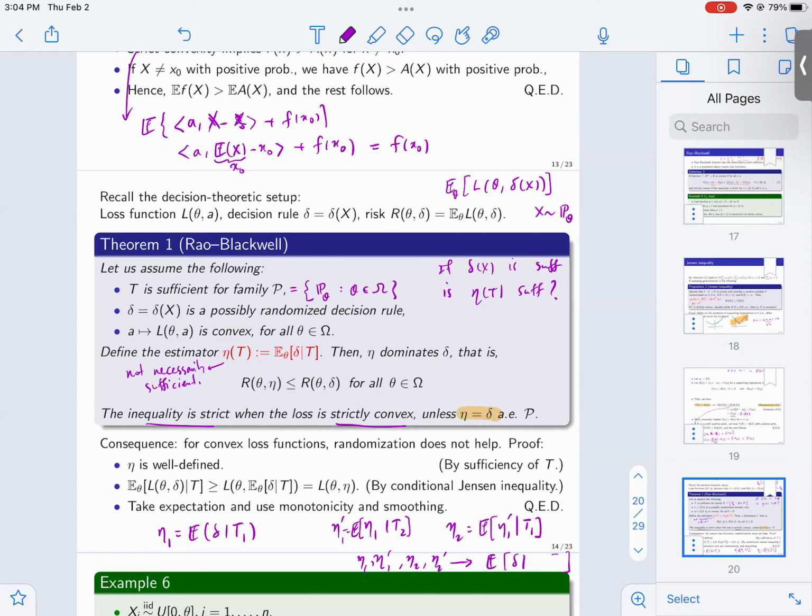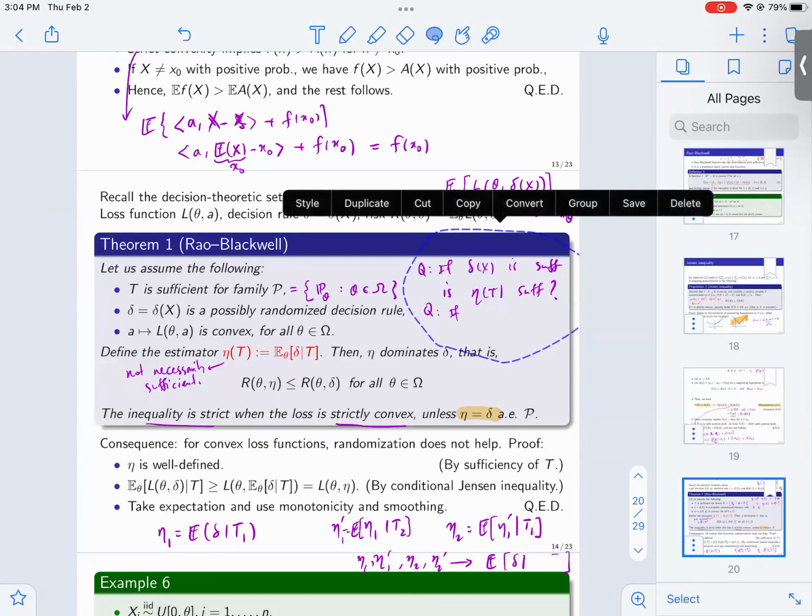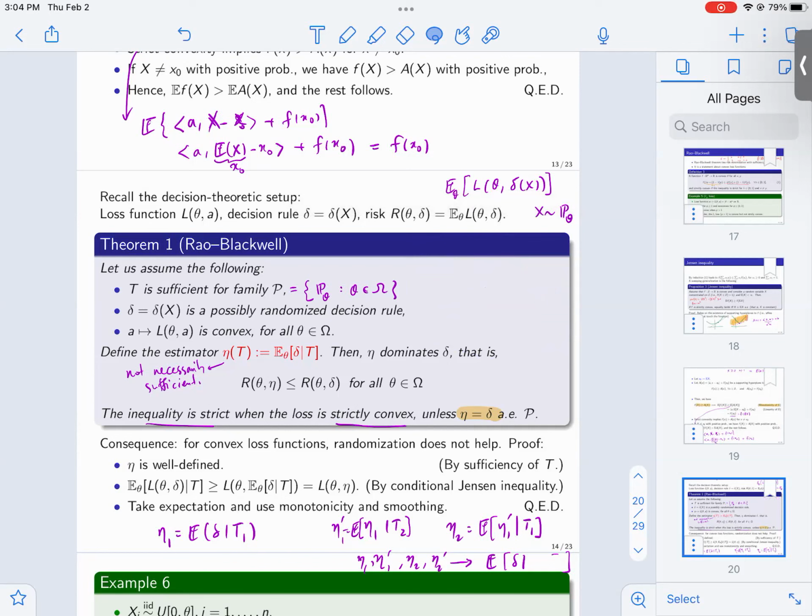Is it possible for 2 sufficient statistics to be independent random variables? We can add it to the list of the questions that I don't know. Because if delta of X and T were independent, then you just end up getting the expectation of delta, not conditional.